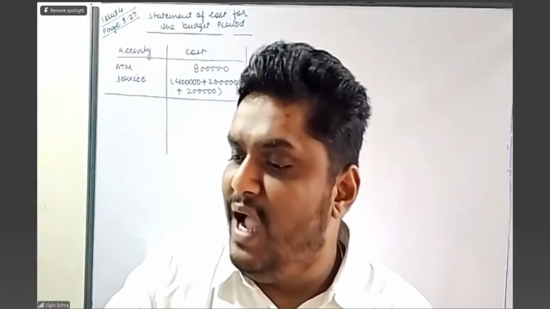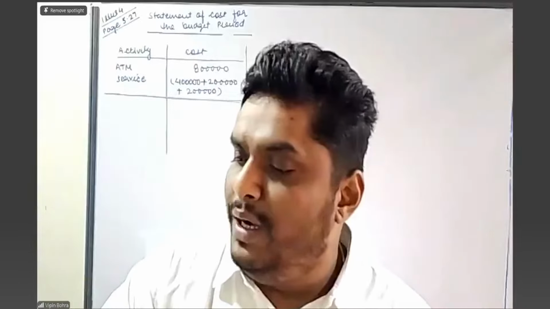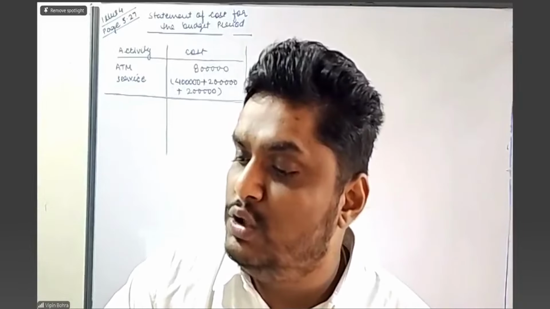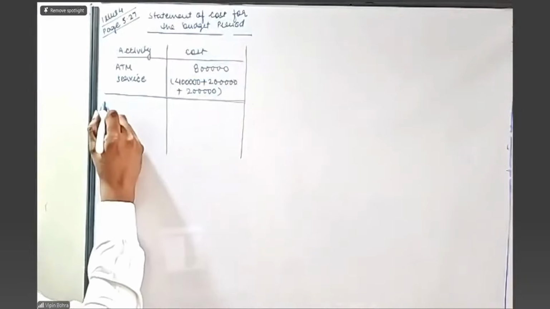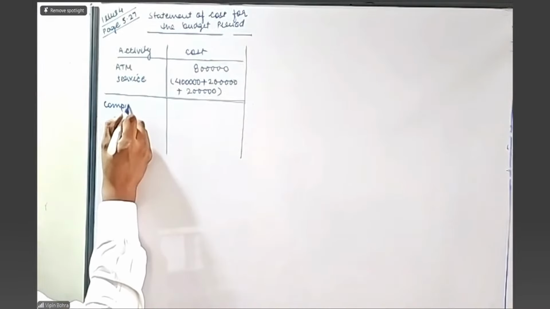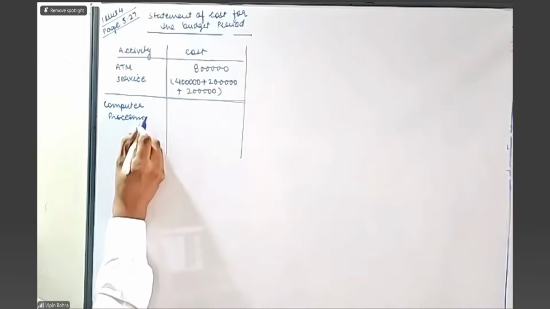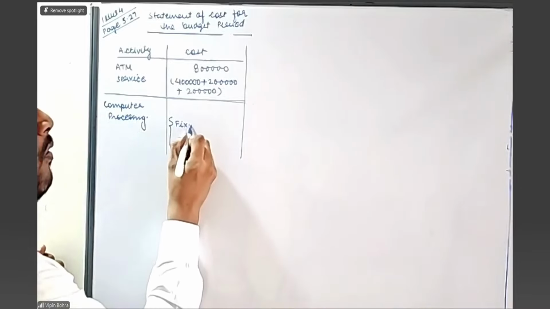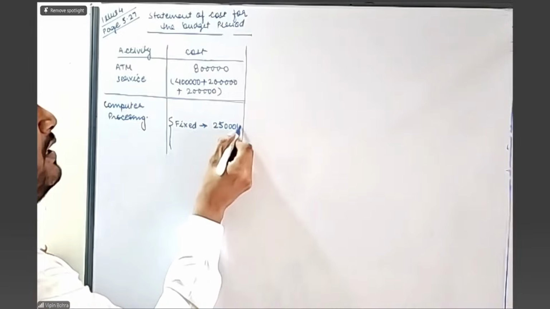Next is computer processing. It is given that half of this amount is fixed and no change is expected. When talking about the variable proportion, it is to be increased to 3 times the current level. So fixed, it will be 2,50,000.